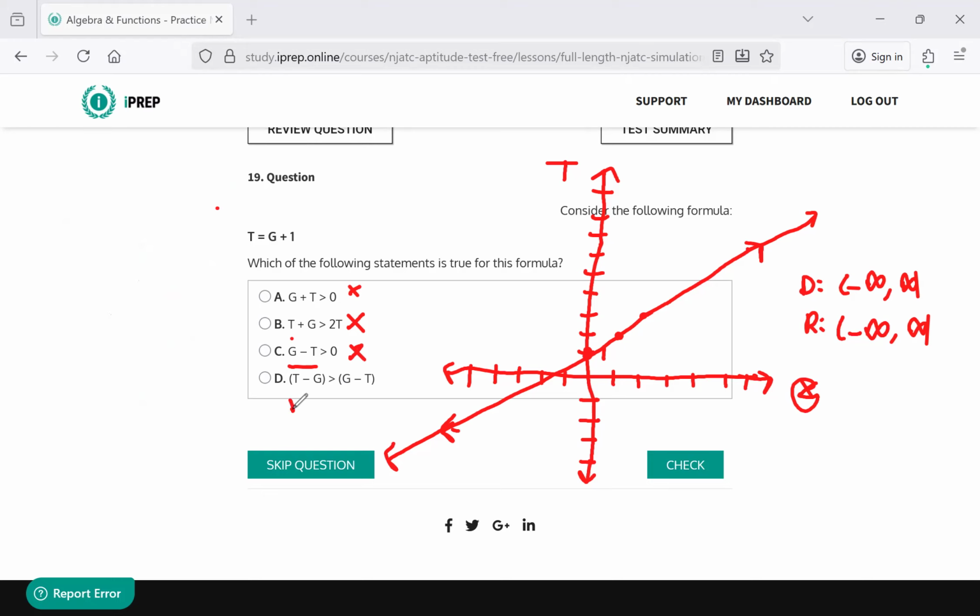So replace this t with g plus 1. So it's g plus 1 minus g is greater than g minus t. So it's g minus, and then we're going to replace t with g plus 1.